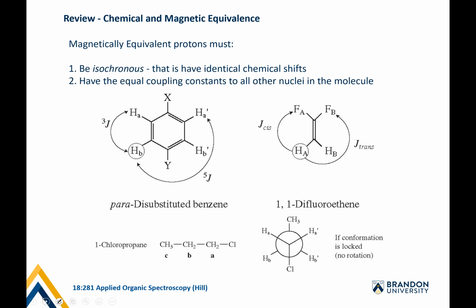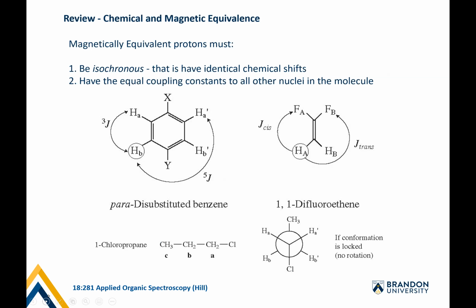What becomes interesting is that on aromatic rings, we were kind of cheating before when we said that things were, well, they are chemically equivalent, but they're not necessarily magnetically equivalent.